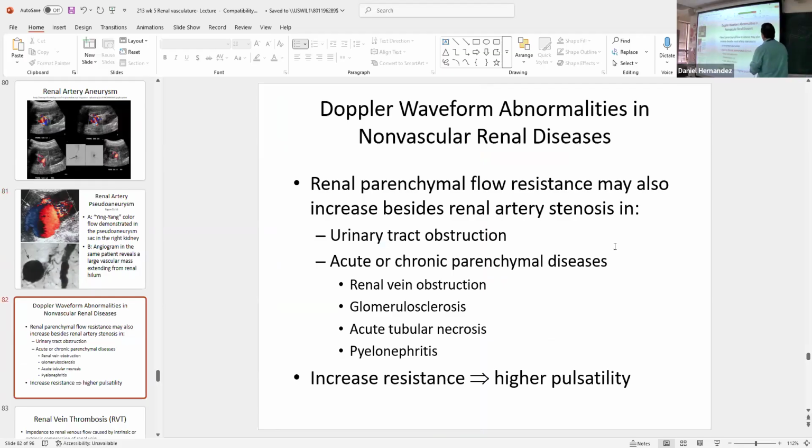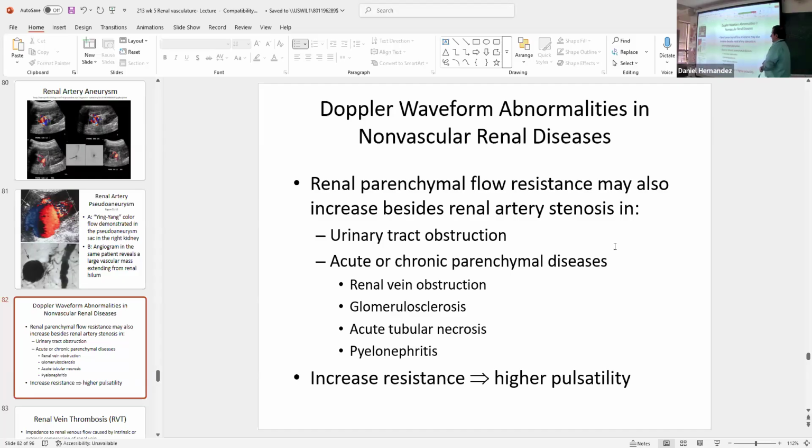All right, some non-vascular causes or non-vascular renal diseases, and how they can impact our Doppler waveforms. So renal parenchymal flow resistance may also increase in patients besides renal artery stenosis.